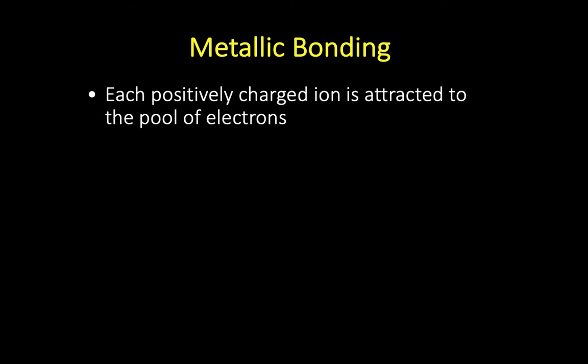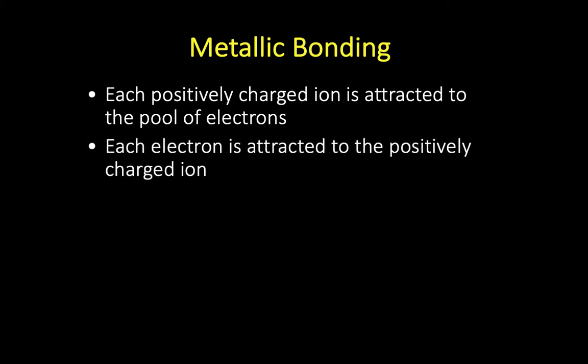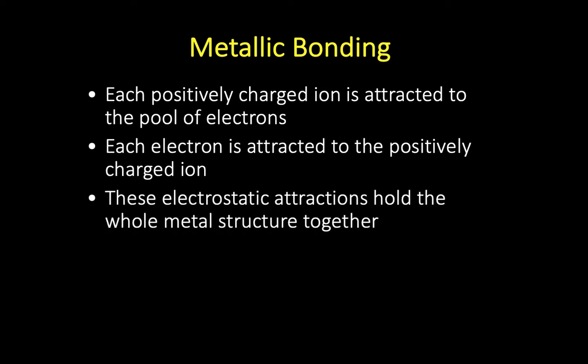So, each positively charged ion isn't just attracted to one single delocalized electron, it's attracted to a pool of them. And each electron is attracted to the positively charged ion. These electrostatic attractions hold the whole metal structure together.